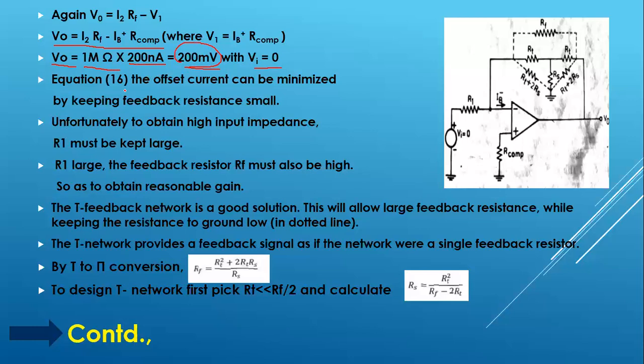So in order to nullify this offset voltage, that means in order to nullify this 200 millivolts that is produced due to this input offset current, we are going to keep the feedback resistance small. But if you keep the feedback resistance small, then the input impedance decreases.